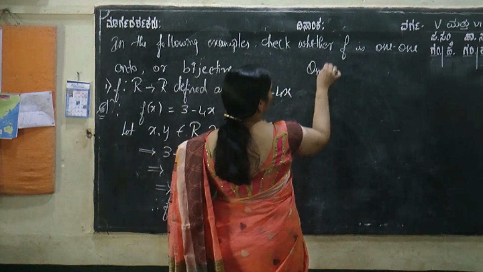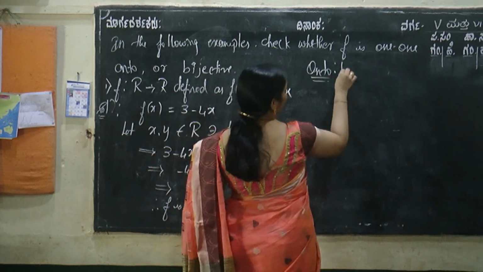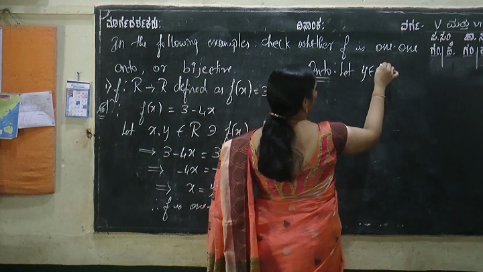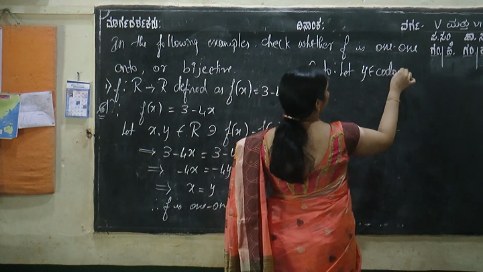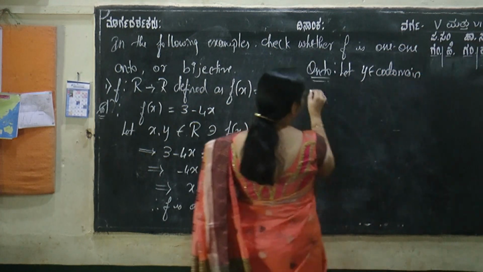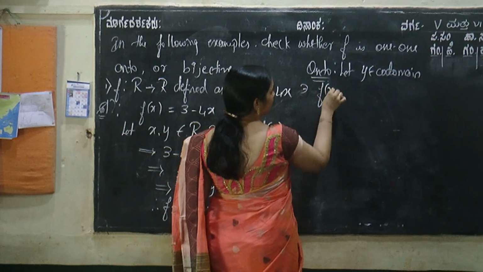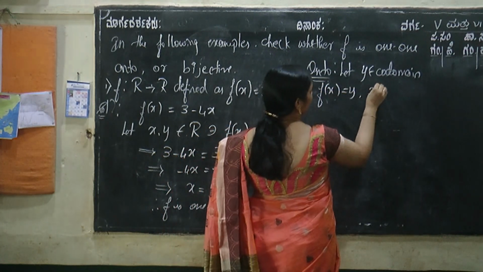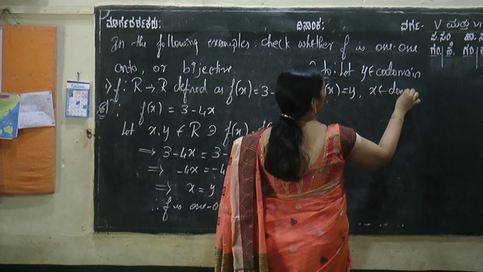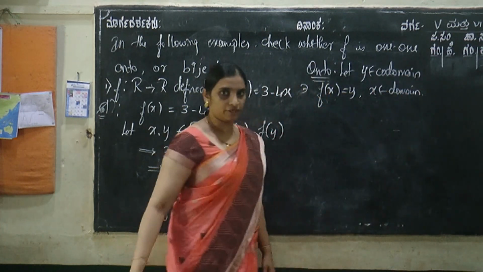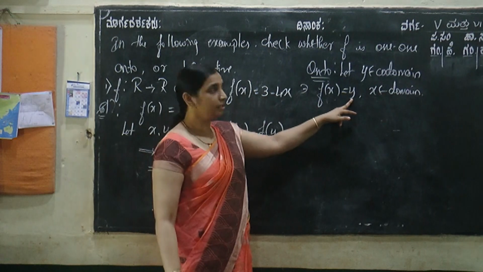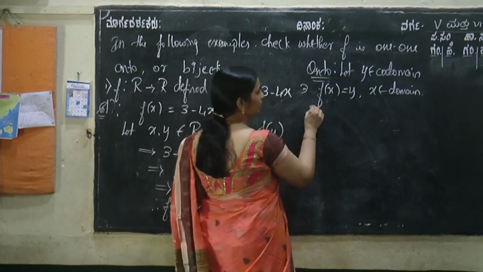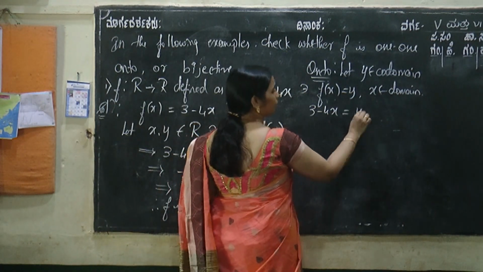So for the onto condition, let y belong to the codomain such that f of x is equal to y where x belongs to the domain. f of x is equal to y, but what is our f of x? It is 3 minus 4x equal to y.